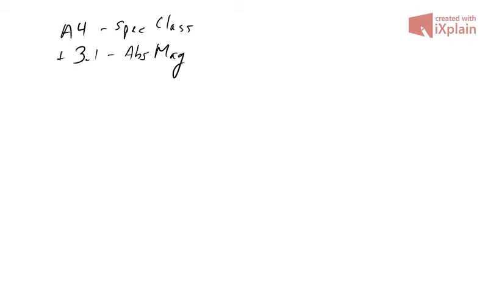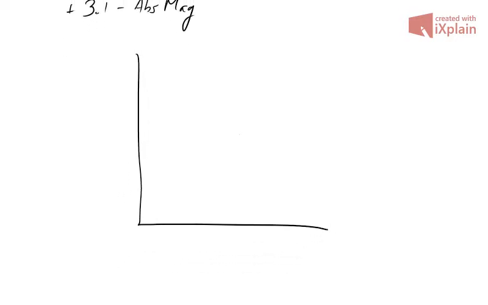On the HR diagram that I gave you the blank of, I don't like this one as much as the one we would have used in class. But you basically have two axes.